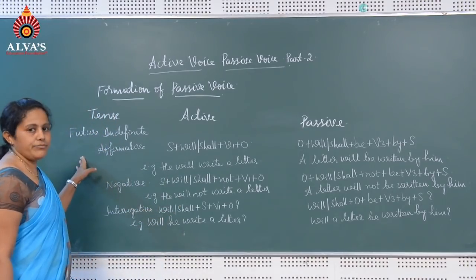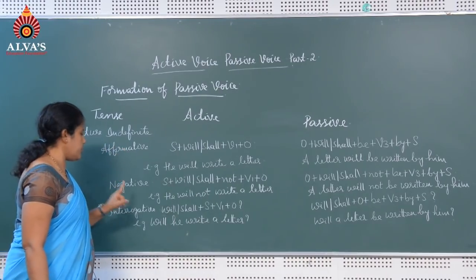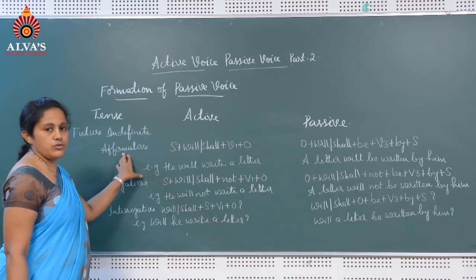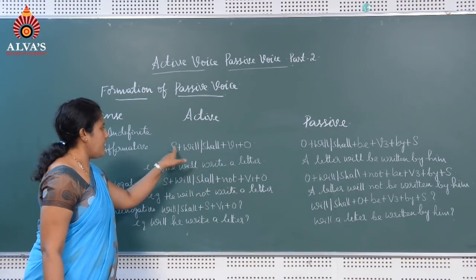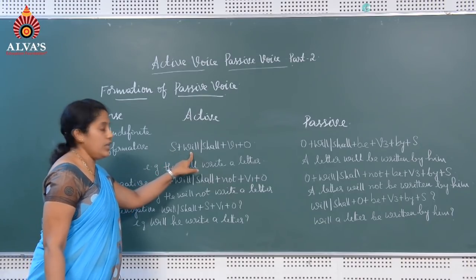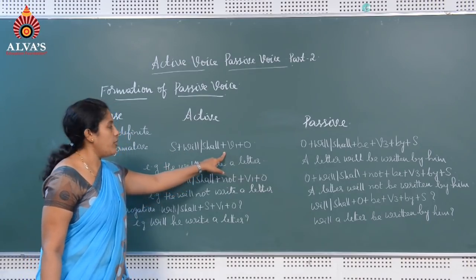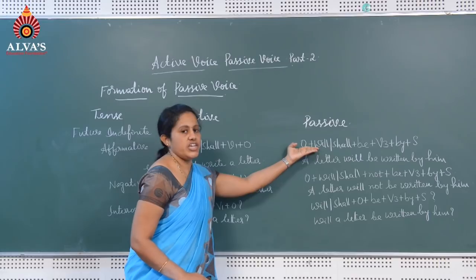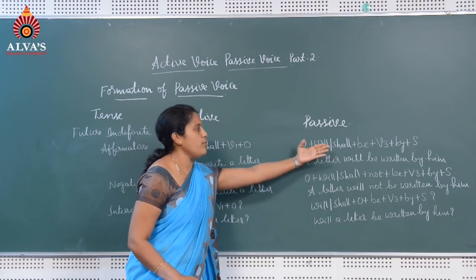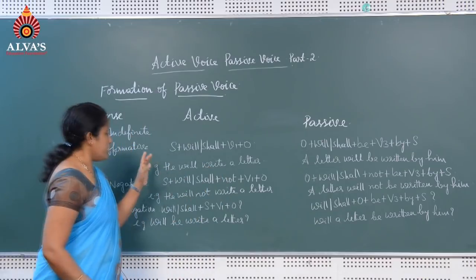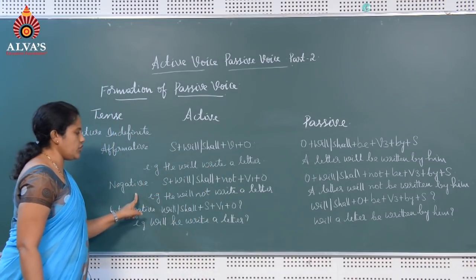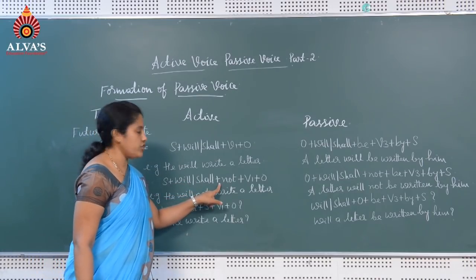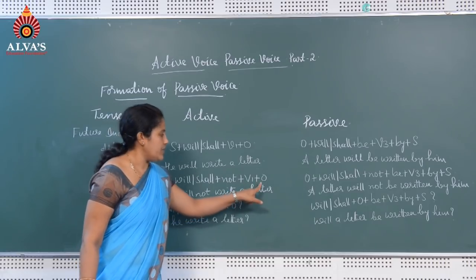Now, here we have discussed future indefinite affirmative, negative and interrogative sentence. The affirmative sentence formula is, active voice, subject plus will or shall plus first form of the verb plus object. When it comes to the passive voice, object will or shall plus be plus V3 form plus by plus subject. If it comes to negative, formula is subject plus will or shall plus not plus first form of the verb plus object.